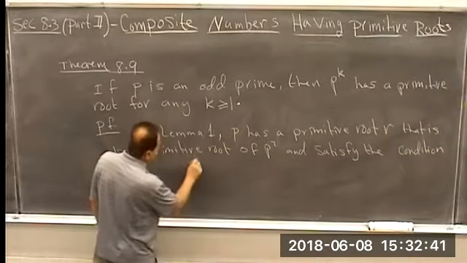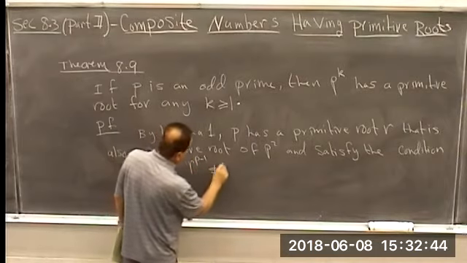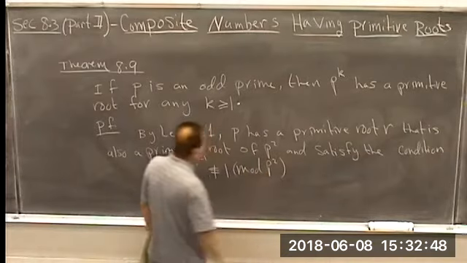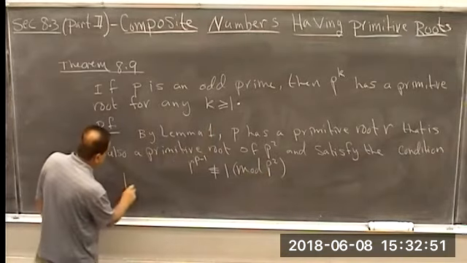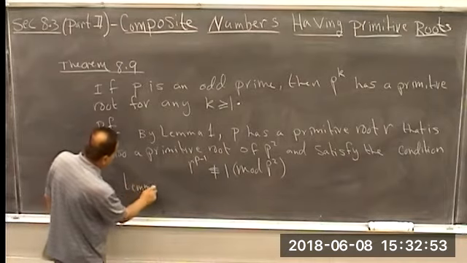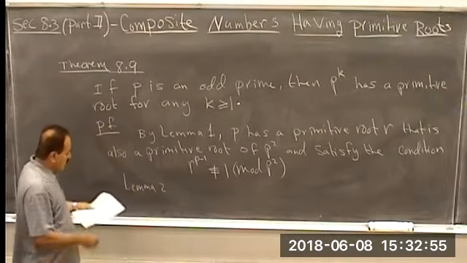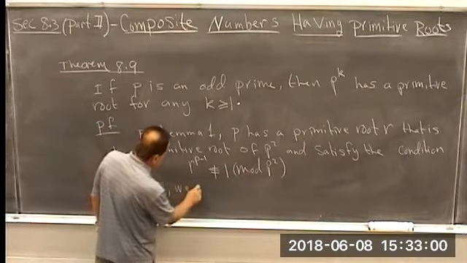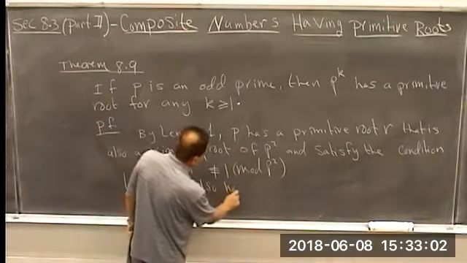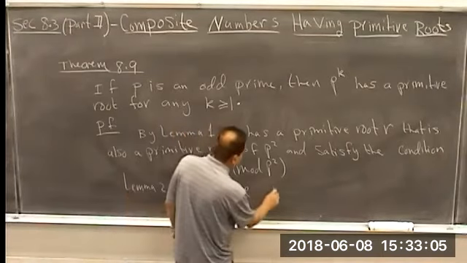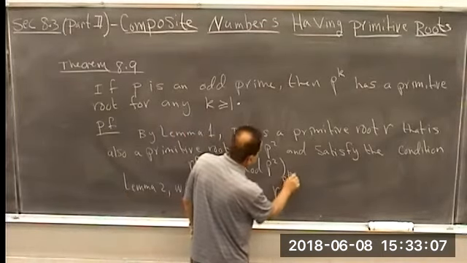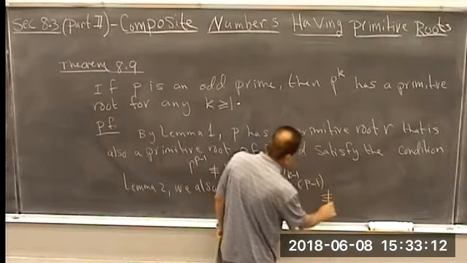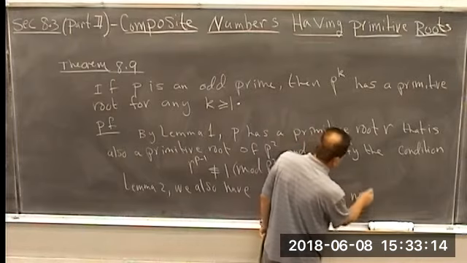R to the p minus 1 is not congruent to 1 mod p squared. Now, lemma 2 tells us also, we also have R to the p^(k-1)(p-1) is not congruent to 1 mod p to the k.